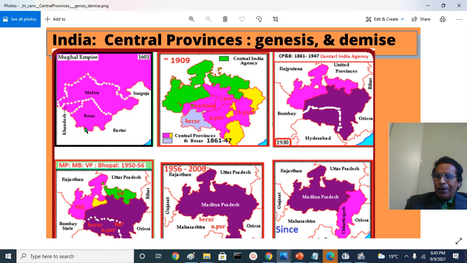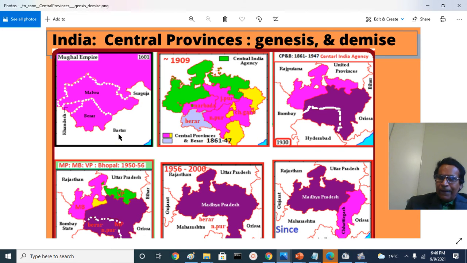Essentially, modern Berar is the Amravati division of Maharashtra. That is, west of the Ajanta range, east of the Ajanta range and west of the Wardha river, north of the Penganga river, south of the Satpura range: Buldana, Akola, Washim, Amravati district, Melghat, and Yavatmal district.